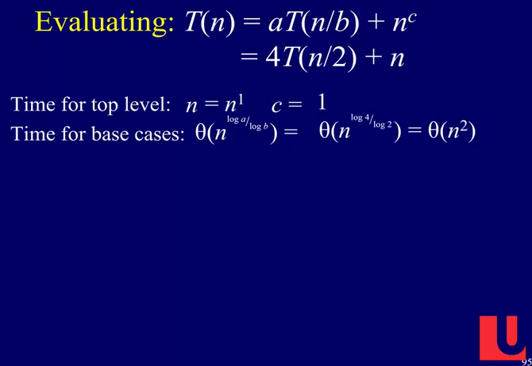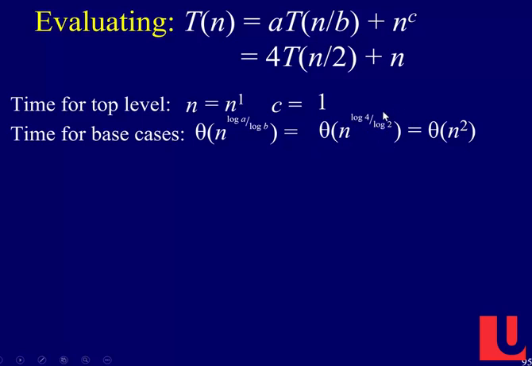You calculate what that is. A's 4, B's 2, log 4 over log 2 turns out to be 2. Now, on the test you're not allowed to have a calculator, so you're going to have to calculate log 4 over log 2 all by yourself.